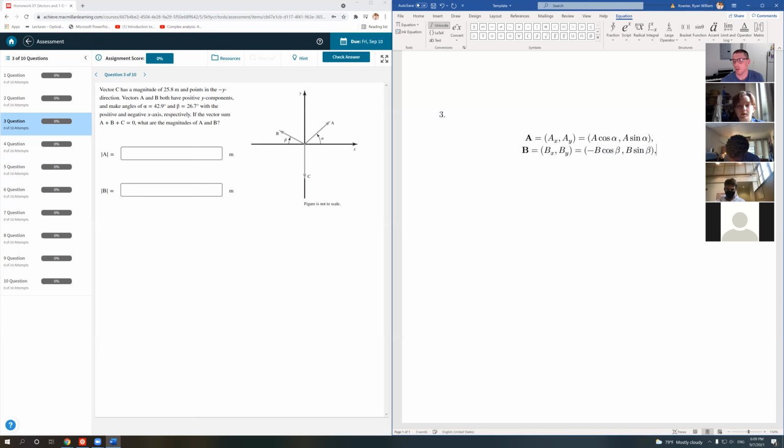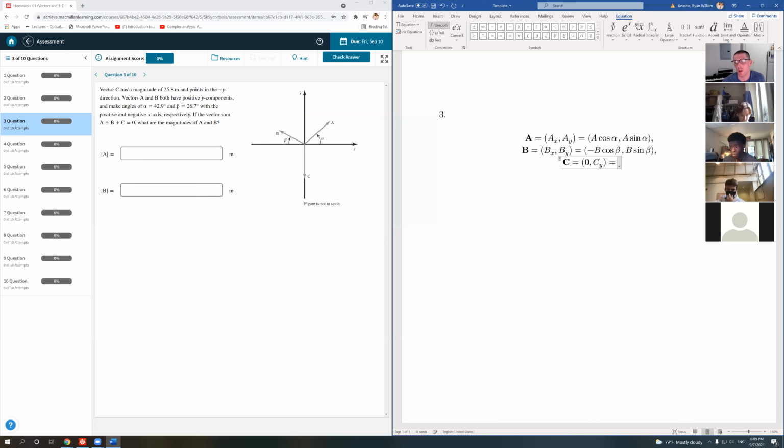Cool. So then we want to do the same thing for C. I'm going to put 0, C sub y, because we can see that C has no X component, right?